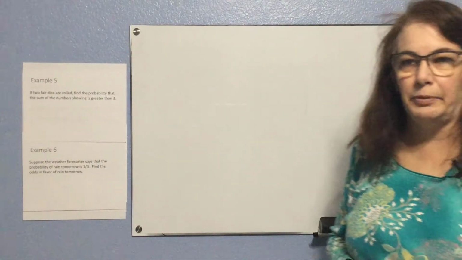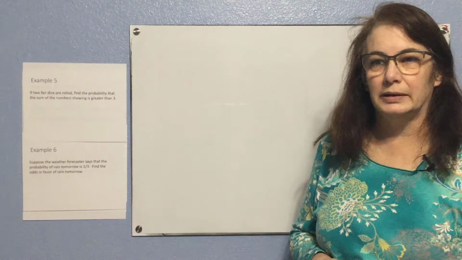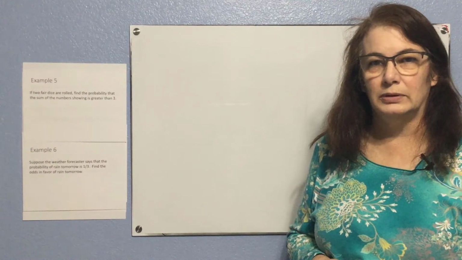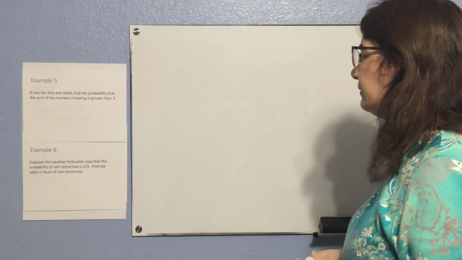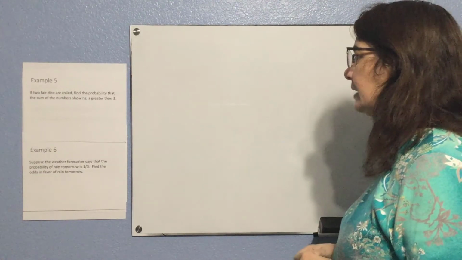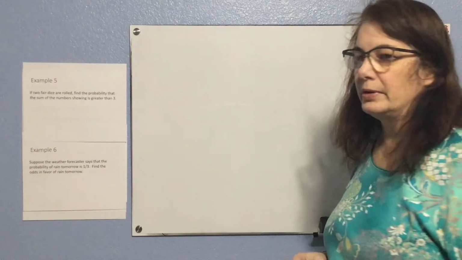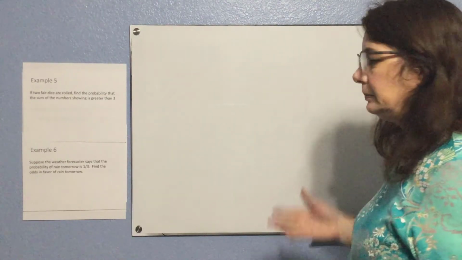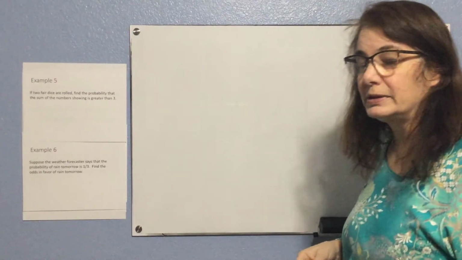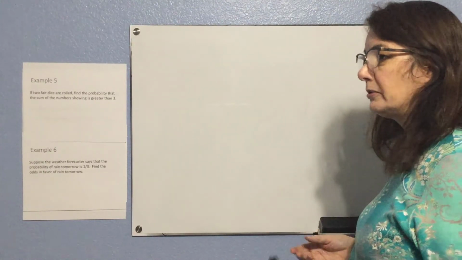Here's another example where it's easier to find the complement than to find the actual event. If 2 fair dice are rolled, find the probability that the sum of the numbers showing is greater than 3. Well, we just saw a little while ago that there's 36 combinations. Most of them are greater than 3.